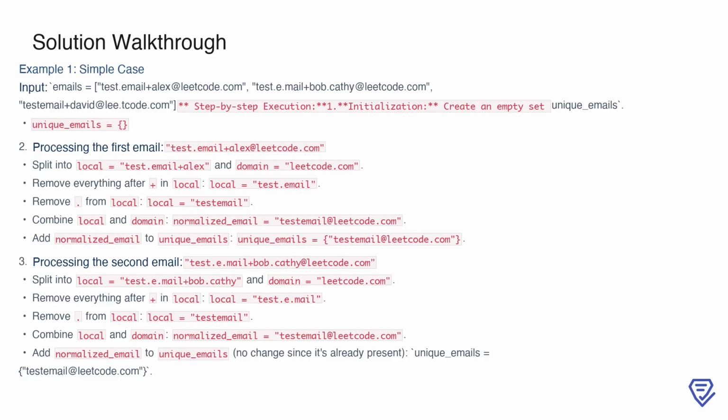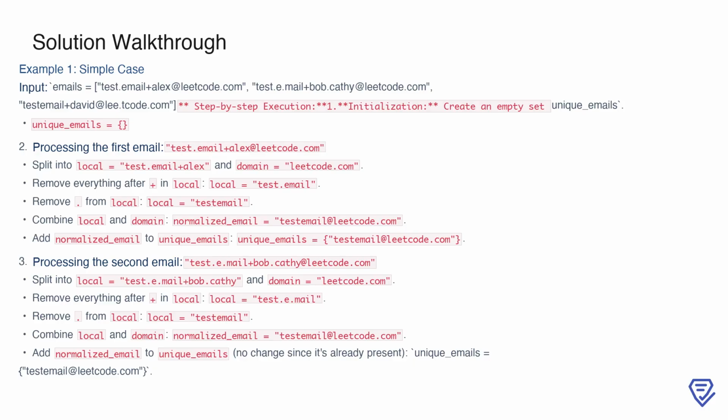We split it into 2 parts, the local part, test.email+alex, and the domain, leetcode.com. Next, we remove everything after the plus in the local part, leaving test.email. Then, we remove all periods from the local part, resulting in testemail. Finally, we combine the cleaned local part with the domain to form the normalized email, testemail@leetcode.com, and add it to the set. The set now contains one email, testemail@leetcode.com.